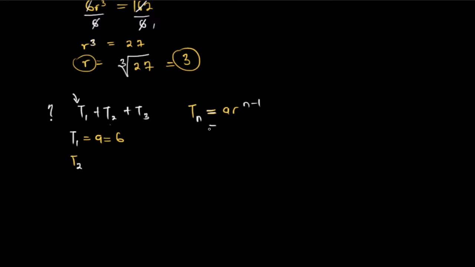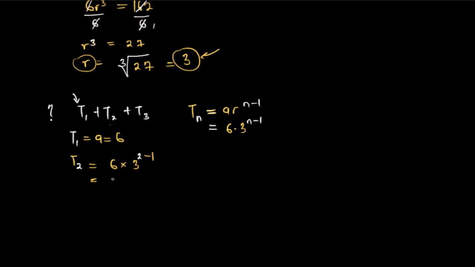We know our A is 6 and our R is 3, so 3 to the power n minus 1. So T2 is 6 times 3 to the power 2 minus 1. You can see I've replaced n with 2.